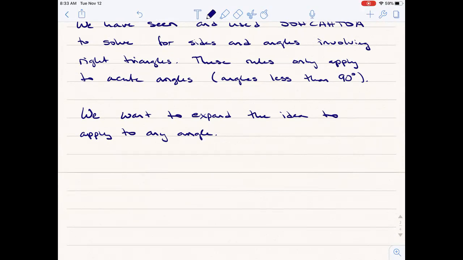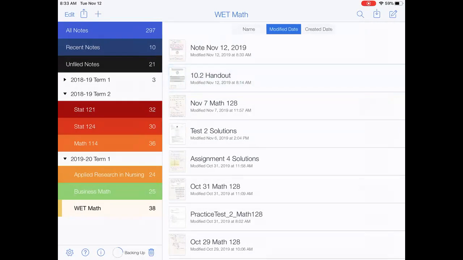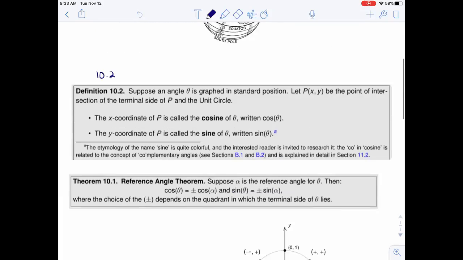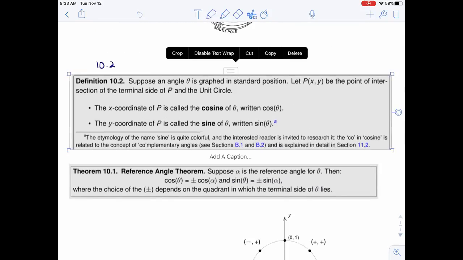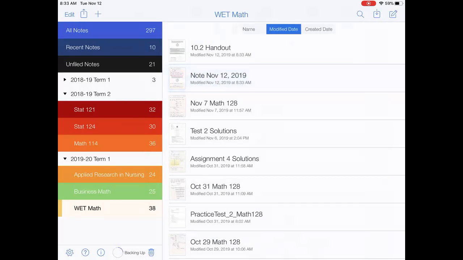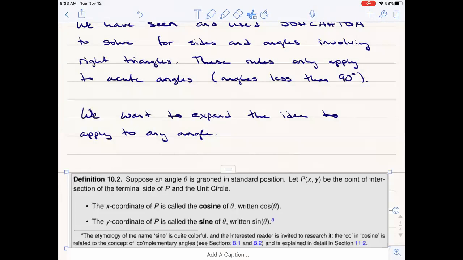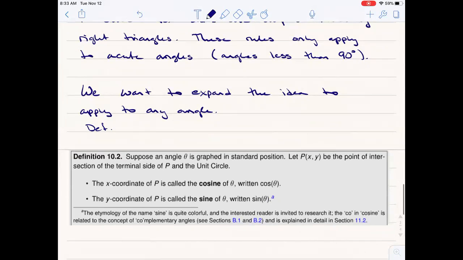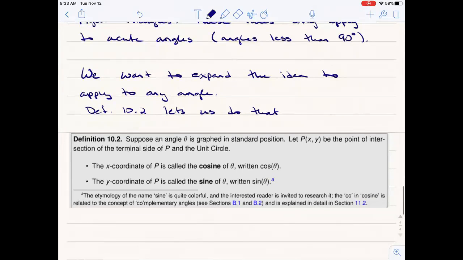And so definition 10.2 is going to let us do that. It's on your printout. I'll just bring it over here. Definition 10.2 lets us do that using the unit circle. Right.